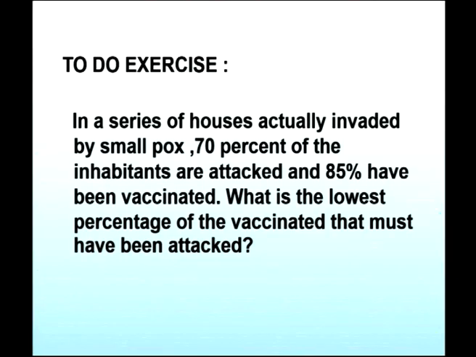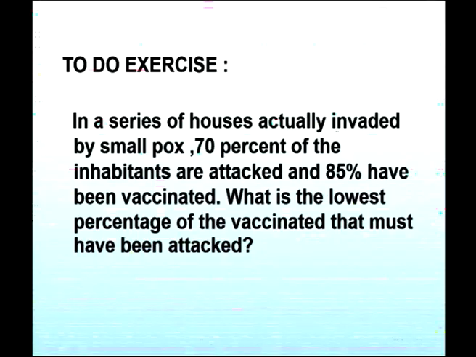Based on this discussion, an exercise is given which you can do. In a series of houses actually invaded by smallpox, 70% of the inhabitants are attacked and 85% have been vaccinated. What is the lowest percentage of the vaccinated that must have been attacked?